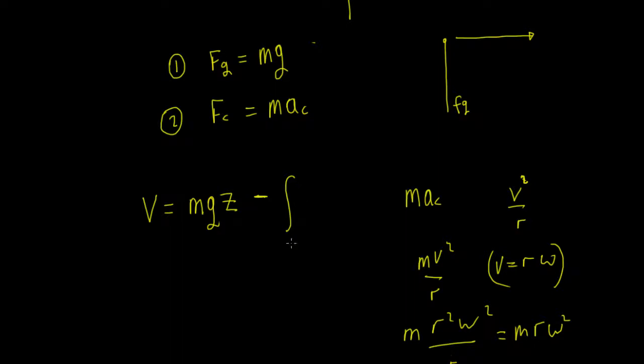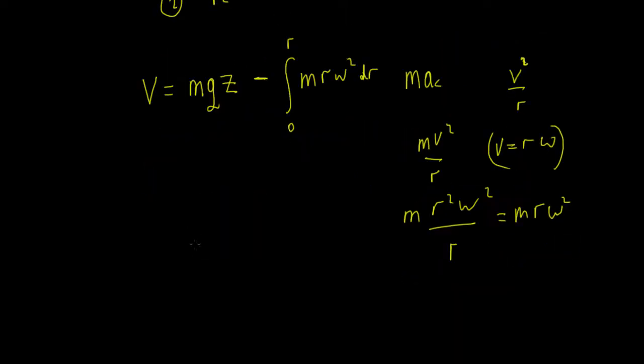So it's going to be the integral from, say, 0 to r of m r omega squared dr. It means that the overall potential energy can be written as m g z minus, when you integrate that with respect to r, so that becomes 2 and then it's a half, so it's going to be minus a half m r squared omega squared.